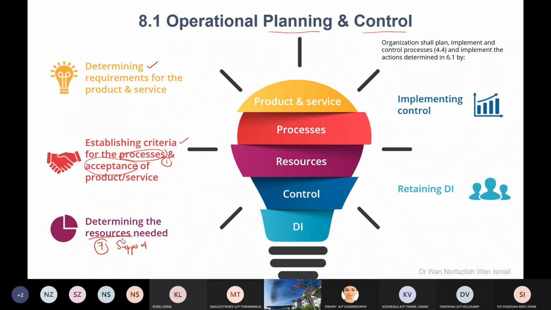Remember, one of the resources is the building. You cannot do experiments in the middle of a field, surely not. So you need a proper building. A proper building means when you are operating a laboratory, there must be a fume hood and ventilation. So that's what determining the resources needed means. Going back to clause 7, they are connected to each other.